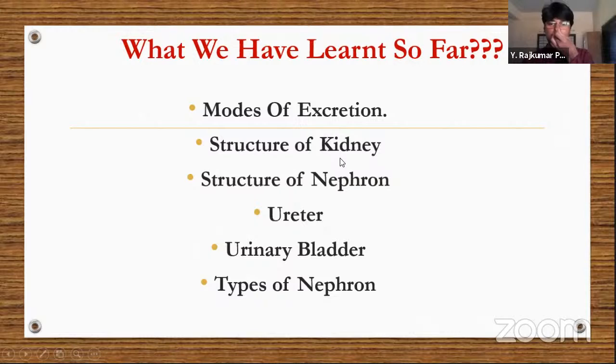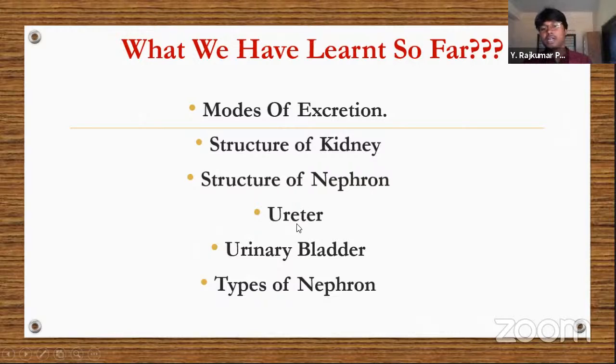Next, we have studied the structure of kidney, and there are two parts in the kidney, the outer cortex and the inner medulla. The cortex has a fibrous capsule covering, and the inner medulla contains the medullary pyramids where the nephrons are present. We also studied the structure of nephron, including the Malpighian body, which has two parts, the glomerulus and the Bowman's capsule.